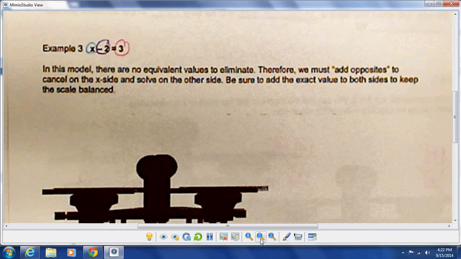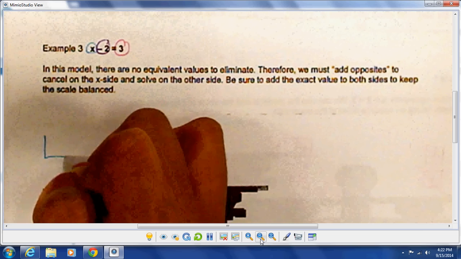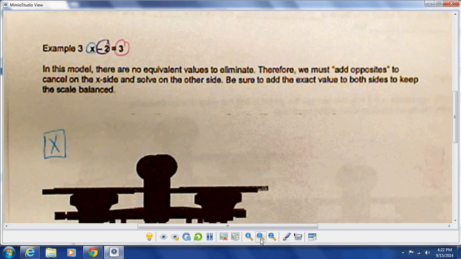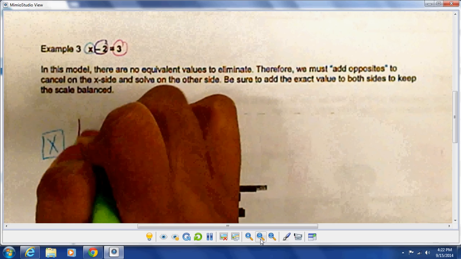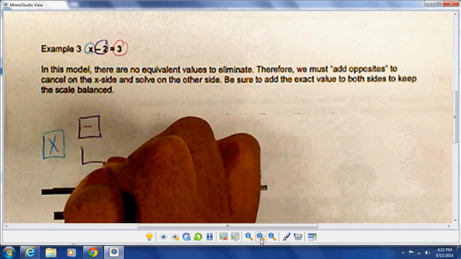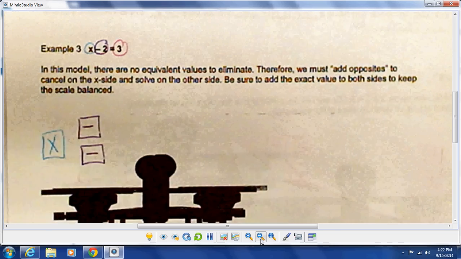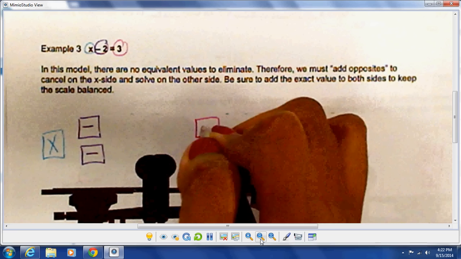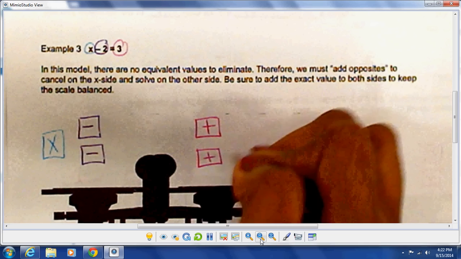So when I draw this out, I'm going to put 1x. Now I need 2 negatives, and it's going to equal 3 positives on the other side.